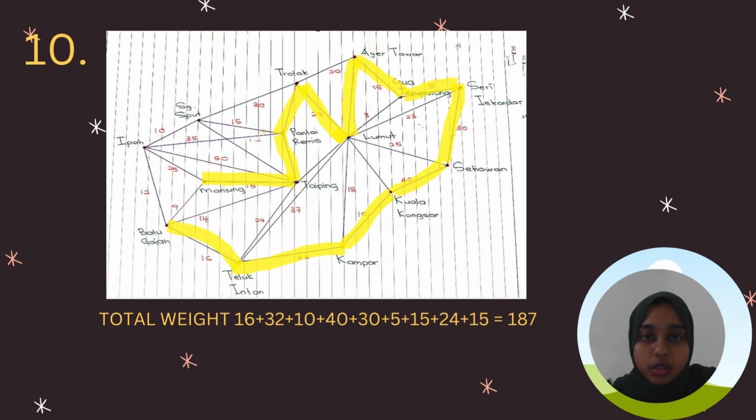Sri Iskandar to Gua Tempurung is 5. Gua Tempurung to Air Tawar is 15. Air Tawar to Lumut is unclear. Lumut to Tolak is 24. And finally Taiping to Manjung is 15.